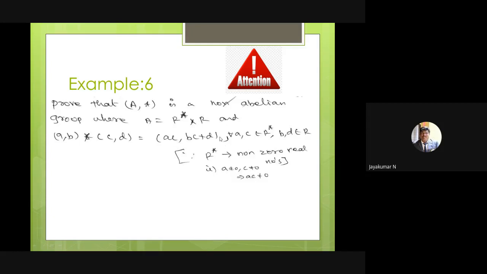But my y coordinate is not like that. I have to multiply the y coordinate of the first element by the x coordinate of the second element, then add the y coordinate of the second element. So that is AC comma, x coordinate is over. Then for the y coordinate, BC plus D. That is the y coordinate of the first element into the x coordinate of the second element plus the y coordinate of the second element.